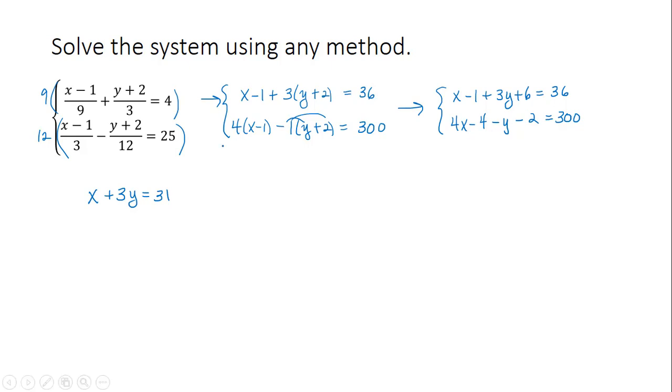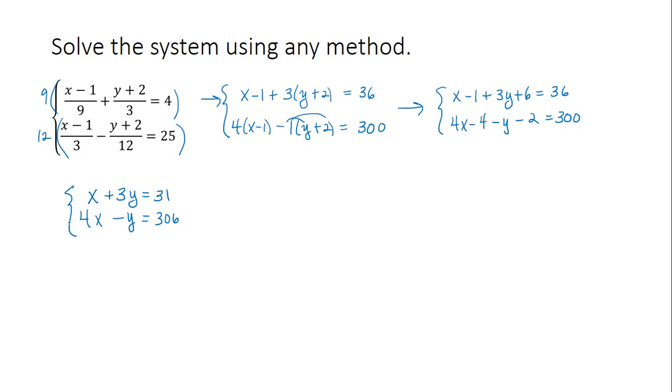The second equation is 4x minus y is equal to 306. Again, notice that the negative 4 minus 2 is negative 6, but we add 6 to each side. So now we have this system, x plus 3y equals 31, and 4x minus y equals 306.